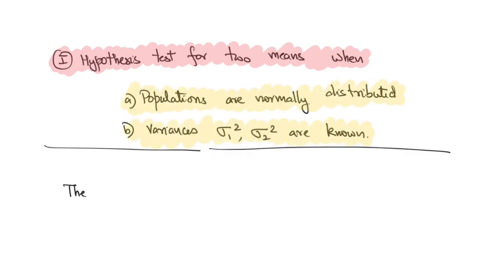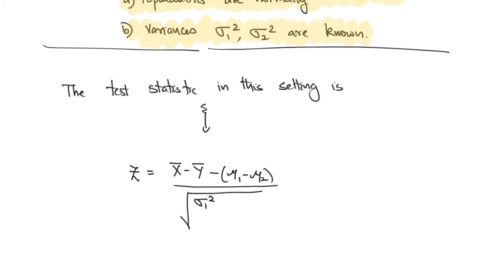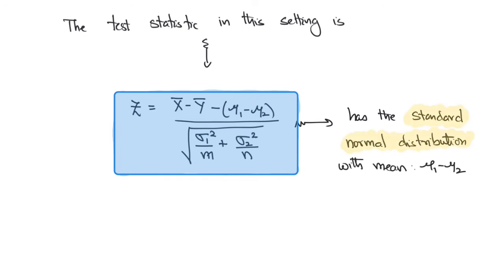In this setting, the test statistic of interest is going to be given by z equals x bar minus y bar minus mu1 minus mu2 divided by the square root of sigma 1 squared divided by m plus sigma 2 squared divided by n. This statistic has the standard normal distribution.